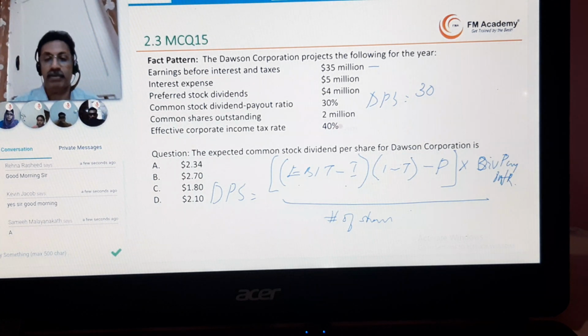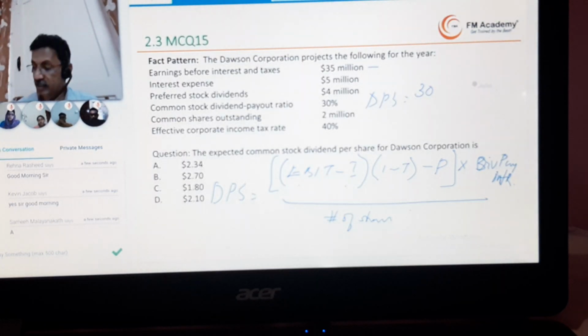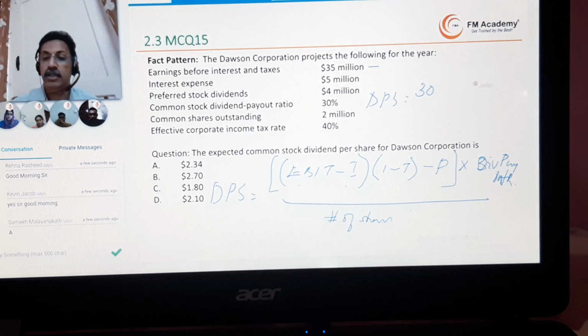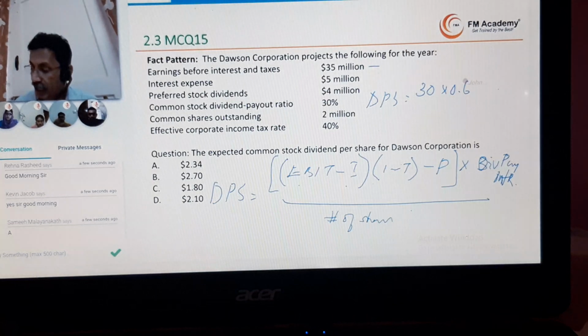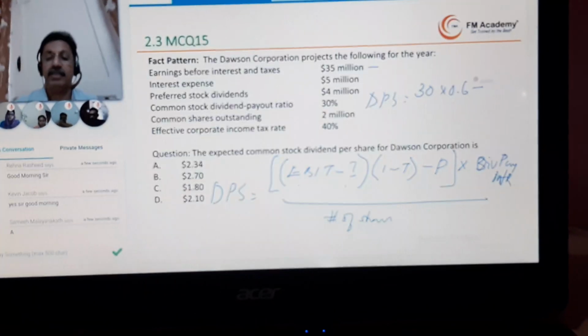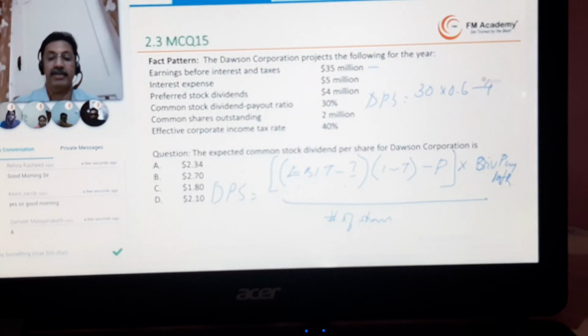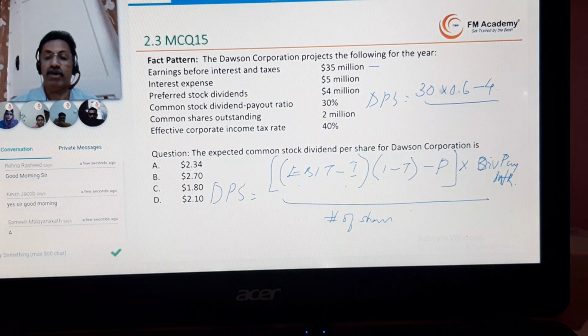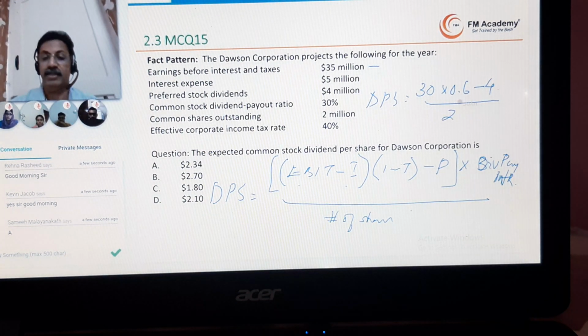So when you subtract that, 30 million into 60%, that is 30 million into 0.6, which is 18 million. Minus the preferred dividend of 4 million, that means it is 14 million in the numerator, right? And when you divide by the number of shares, you will get EPS, right? 2 million is the number. It's all in million, so you can just continue with that.